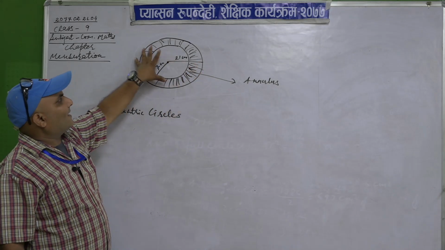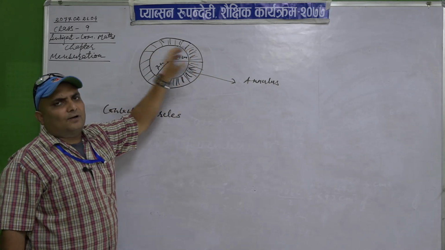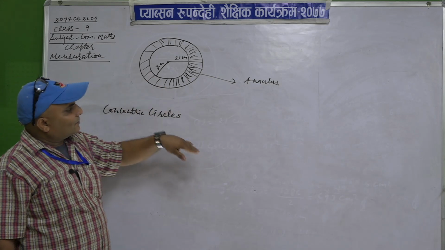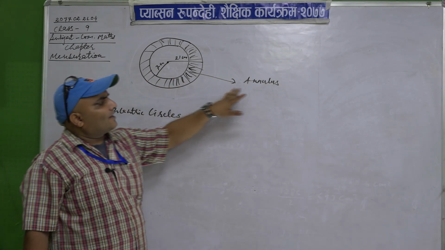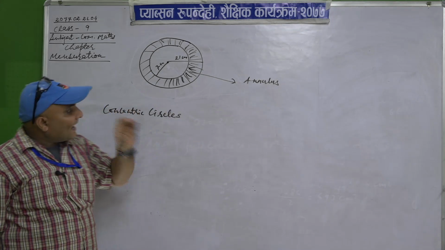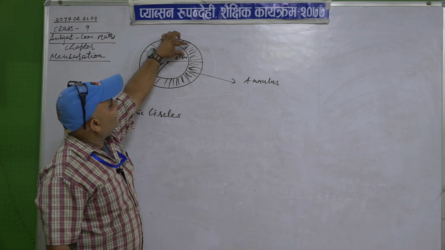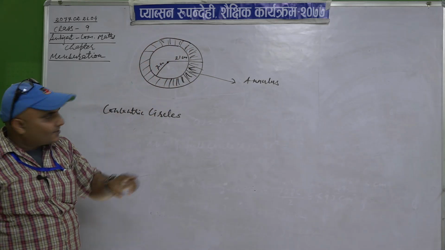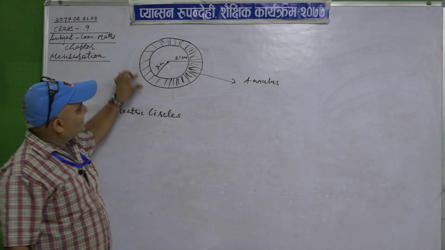There is not given find the area of the shaded region; directly you can be given that find the area of annulus. So, what is annulus? This part is called annulus in concentric circles.